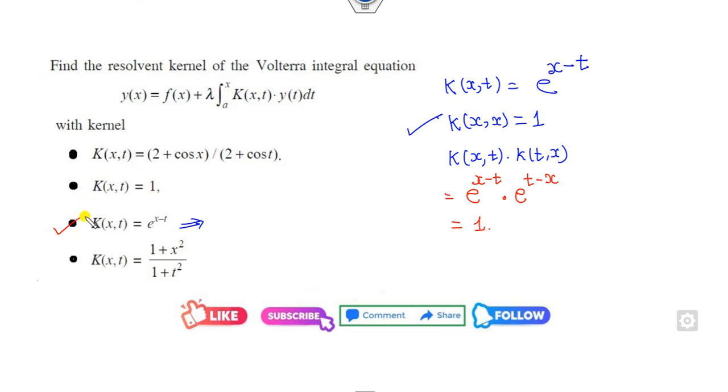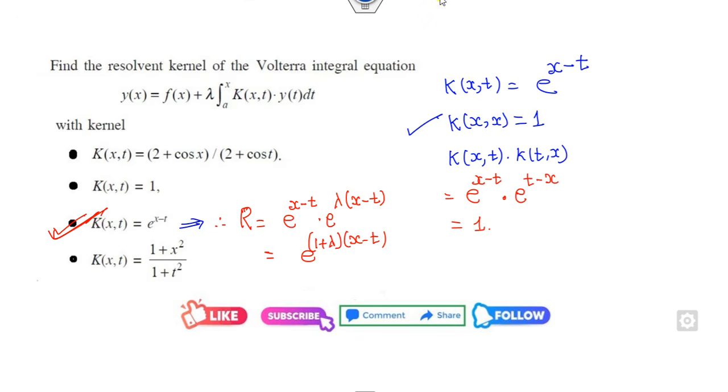So all the properties are satisfied. The resolvent kernel will be e raised to the power x minus t times e raised to the power lambda times x minus t, or you can simplify this: e raised to the power 1 plus lambda times x minus t is the right answer.